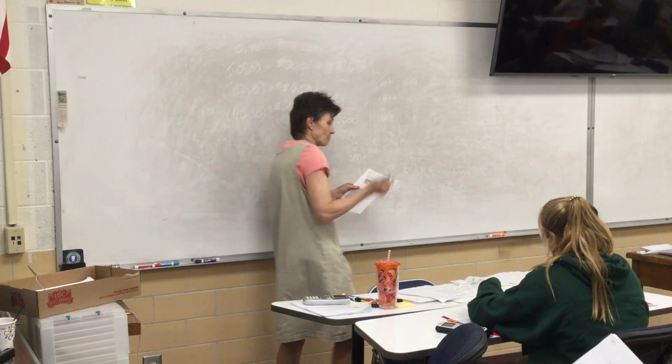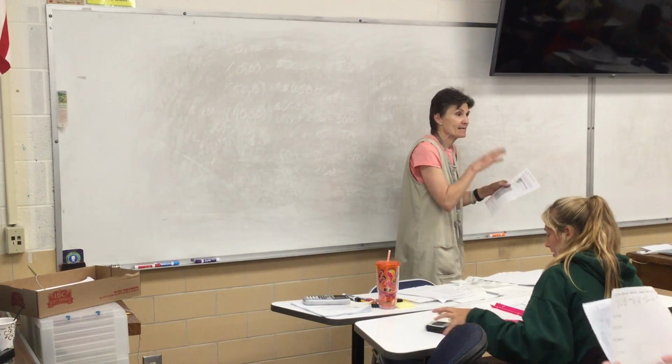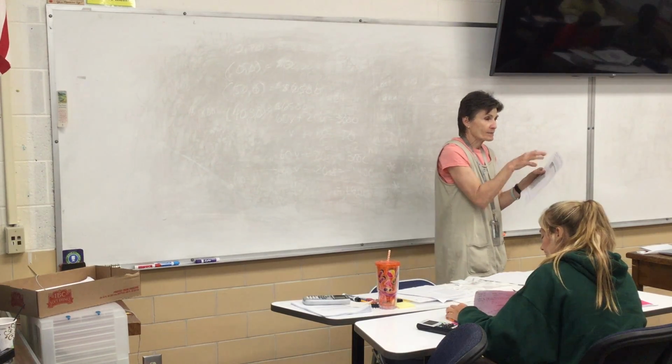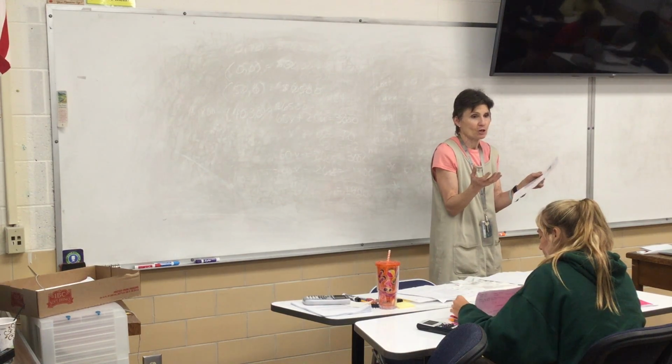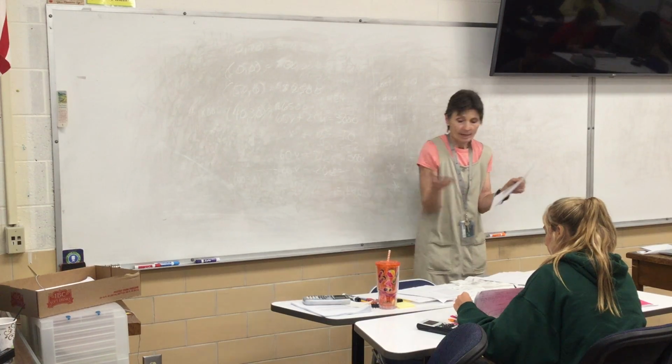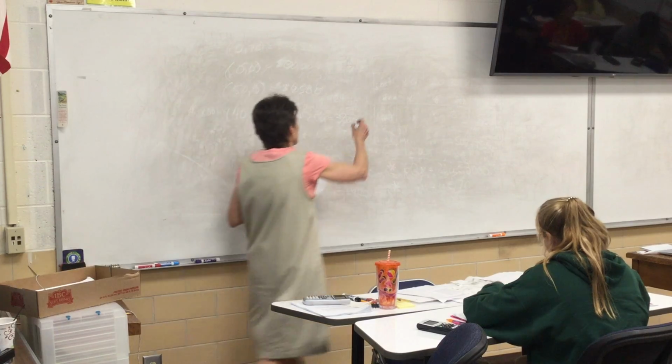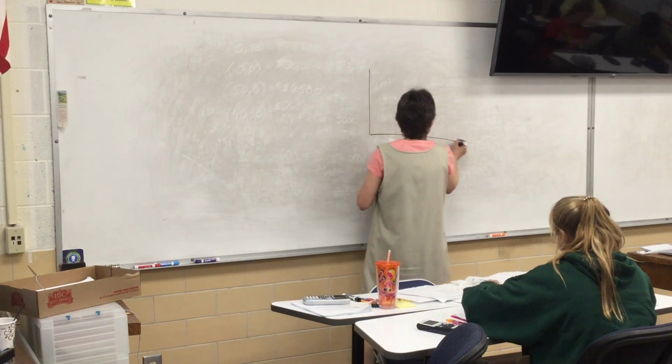Now, this problem, which I obviously copied out of the book, not only is the chart set up, but there are numbers put in the chart for you. Now, the only thing not put in the chart is the profit.